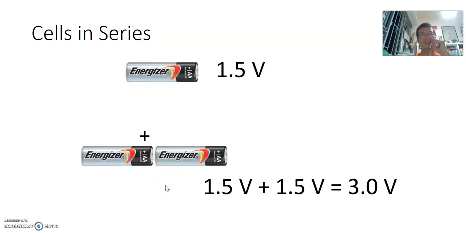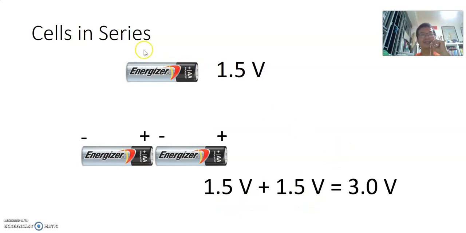This part is plus, this is minus. The plus of one must be connected to the minus of the next, and so on. If you connect wrongly, you will not get 3 volt. So this is called dry cells in series. Remember: minus, plus, minus, plus. And the total voltage is 3 volt.